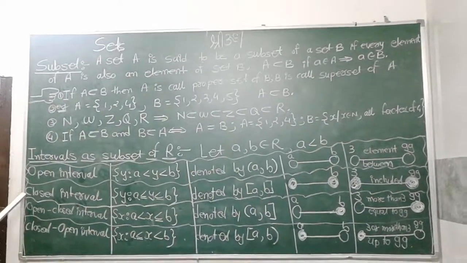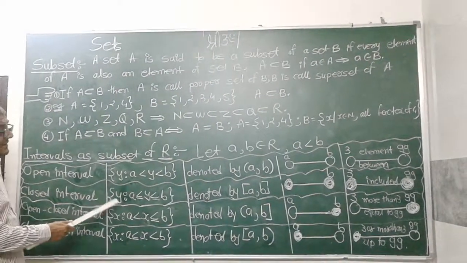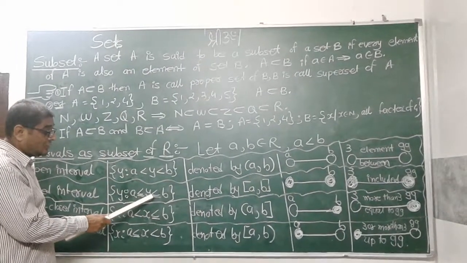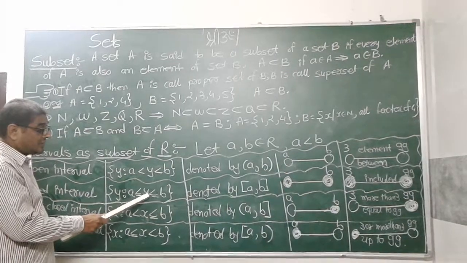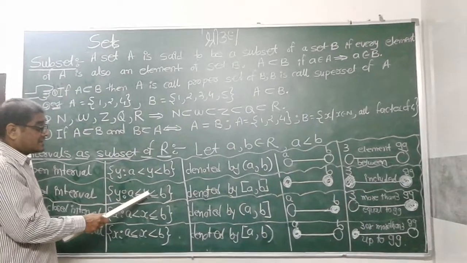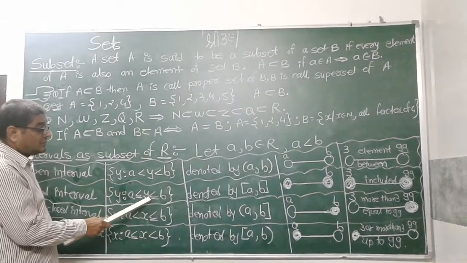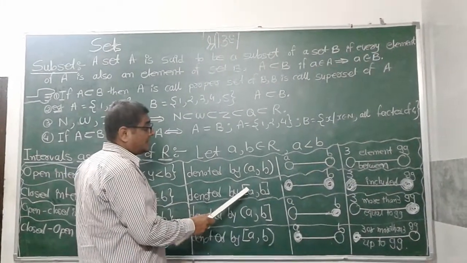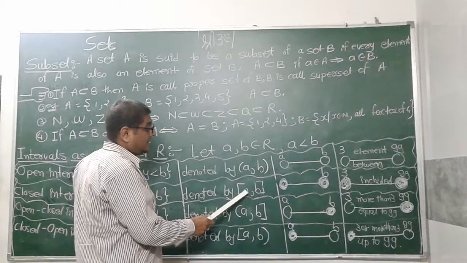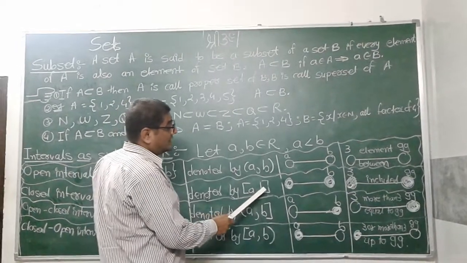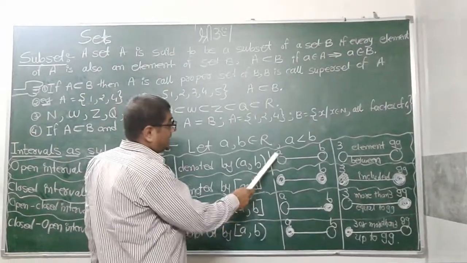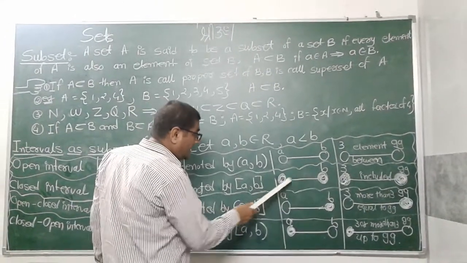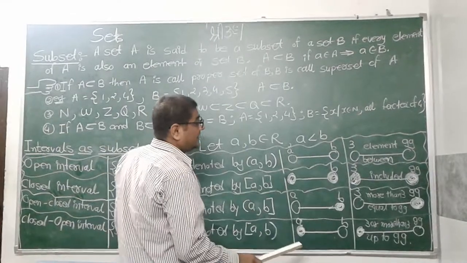Now the second one, closed interval, y. Here the value of y is greater than or equal to a, and y is less than or equal to b. It is denoted by square brackets, [a, b]. So both the boundary elements are included.